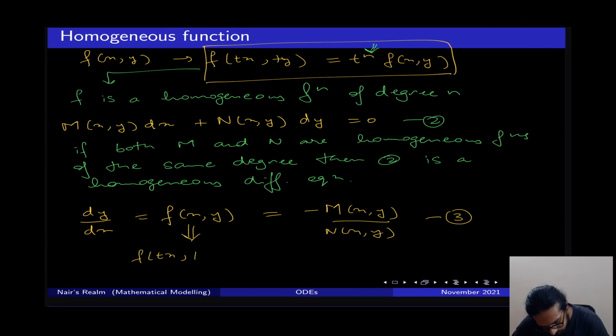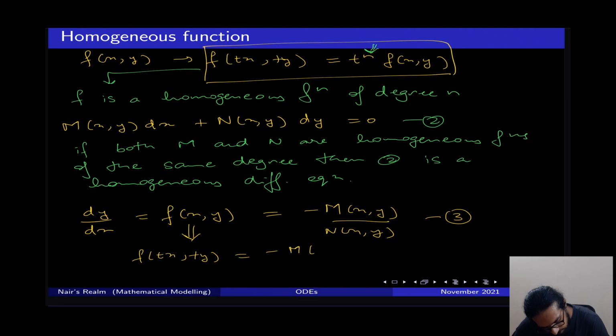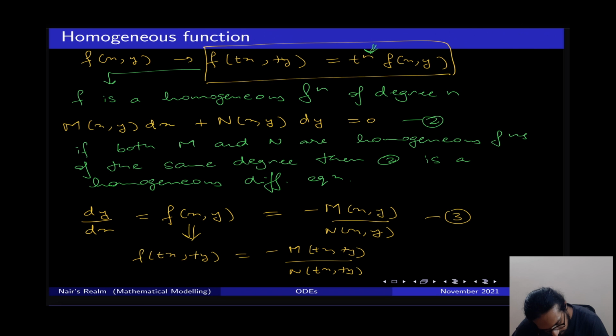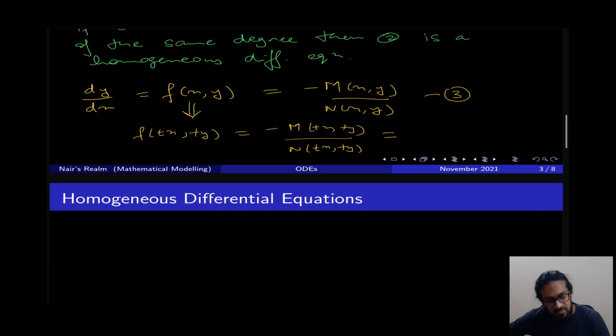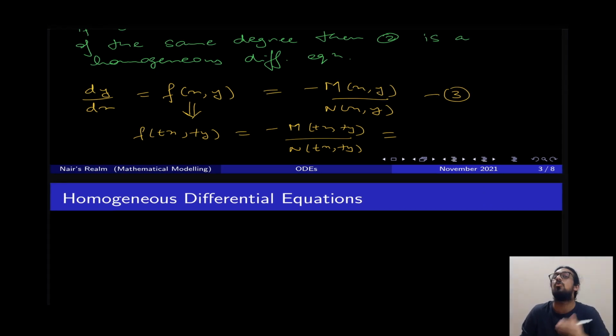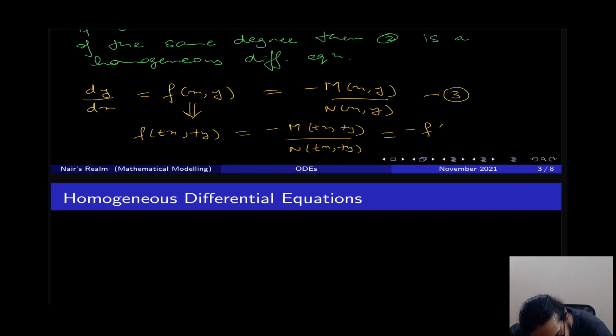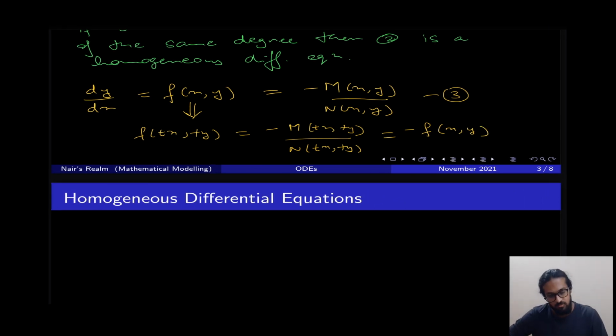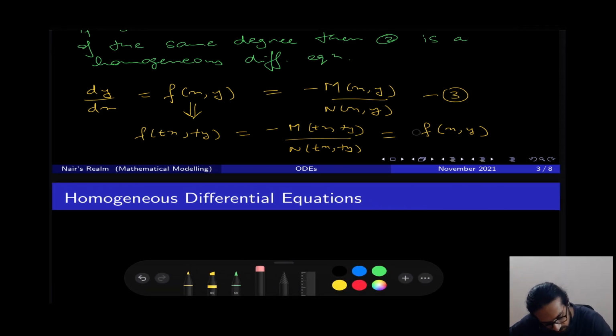So if I were to do f of tx comma ty, it's actually m of tx comma ty and n of tx comma ty. Now we know both m and n are homogeneous with the same degree, right? Because our assumption is that this differential equation is a homogeneous differential equation. Now in that case, what we can see is we'll actually get this as minus m by n of x comma y, so we'll get this directly equal to f of x comma y.